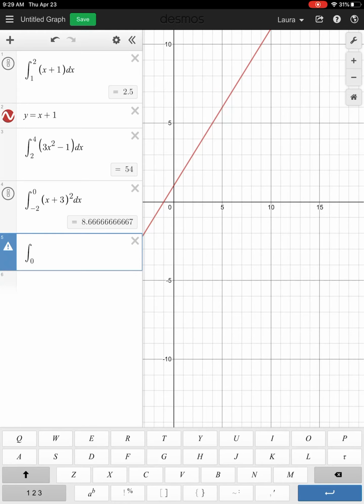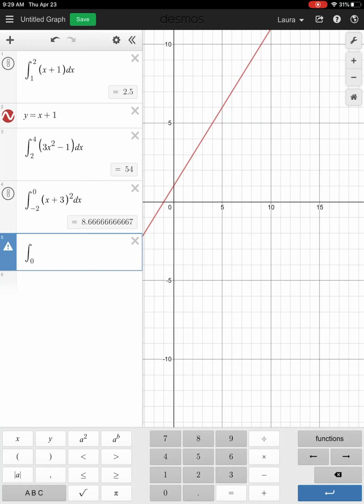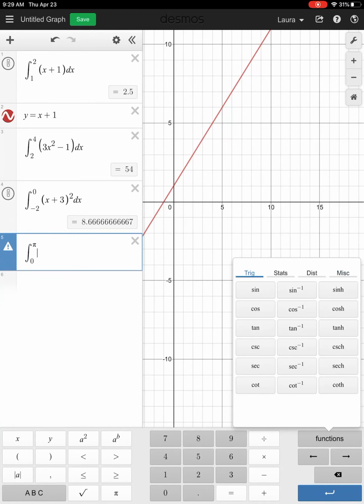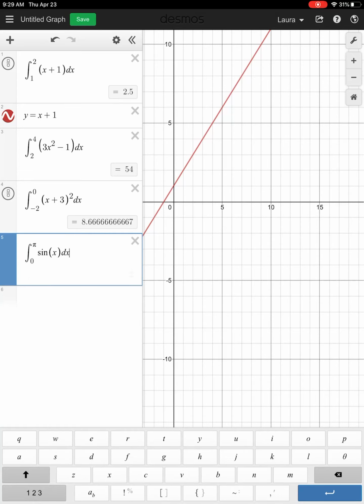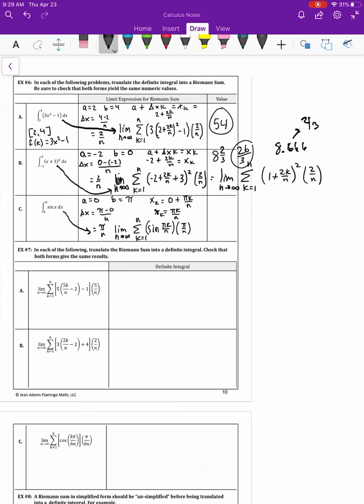So if I wanted to find my value of this one from 0 to pi, sine x dx, I'm going to go back to my Desmos and say integral from 0 to pi, which, I don't know where pi is on here. If you do, that would be great. Oh, there it is. Never mind.